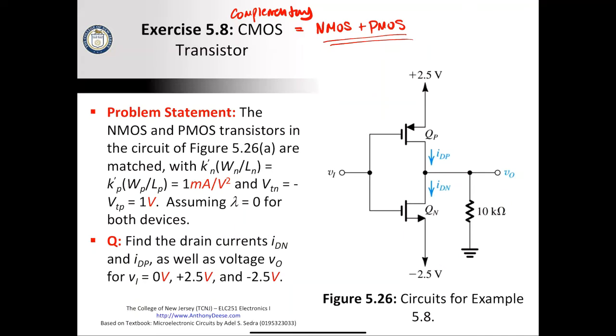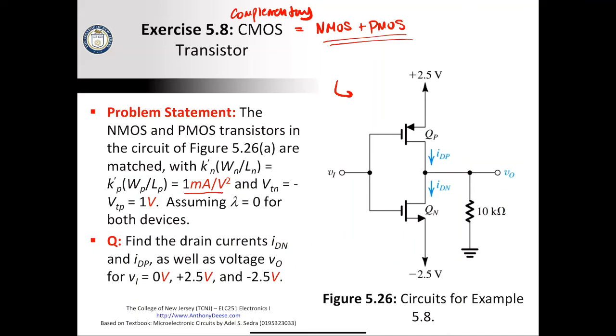Okay, so the NMOS and PMOS transistors in this figure here are matched, meaning that they have the same device transconductance parameters, both of them 1 milliamp per volt squared.